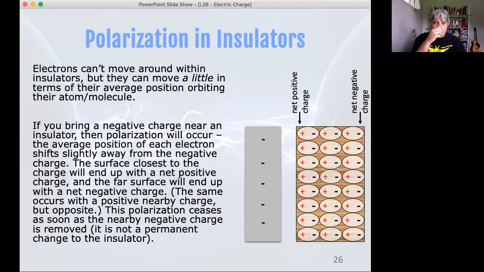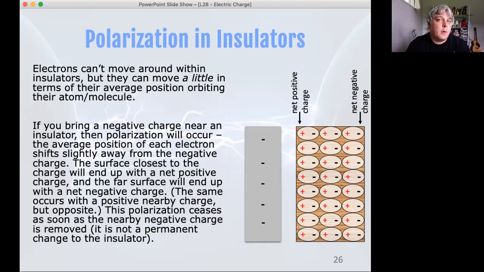So in this diagram here, we've got a block of wood. The wood is full of insulating atoms, so they do not allow the electrons to travel from one to the other. But if you bring a negative charge nearby, it will just repel all of the electrons on every single atom very slightly. And that means that the electrons will all spend a little bit more time on the far side of the atom away from the negative charge than they would on the close side.